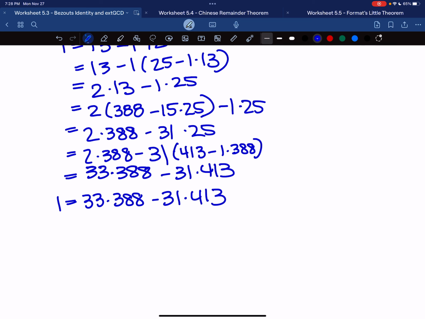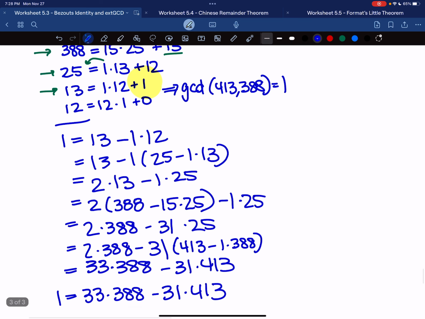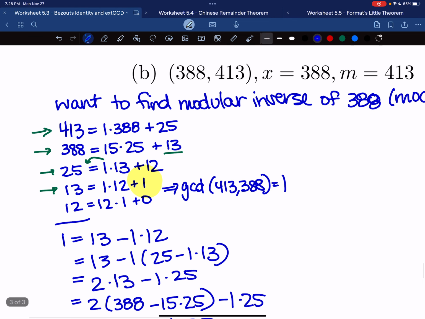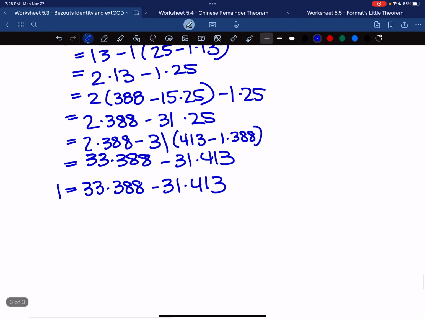And so what we're trying to find is the modular inverse of 388 mod 413. Okay, so that's grand, because what we can do is take both sides mod 413.